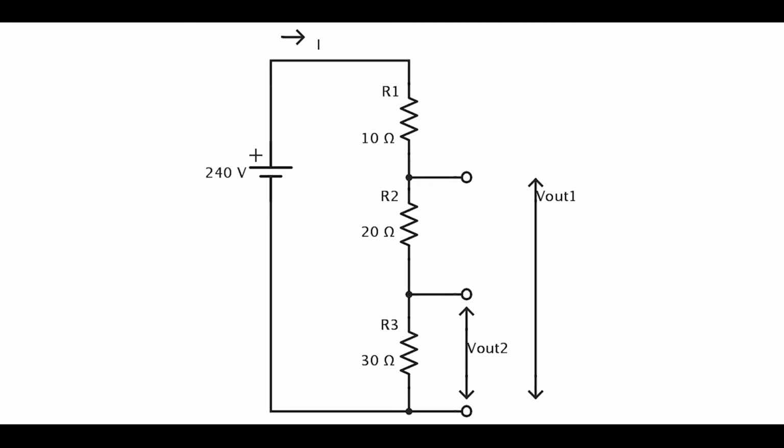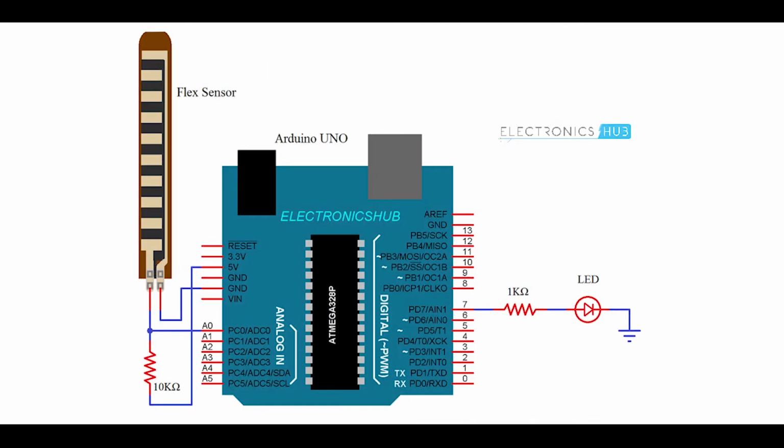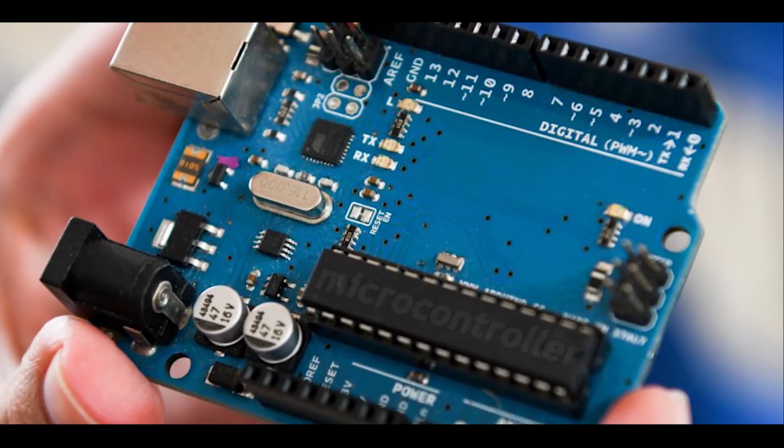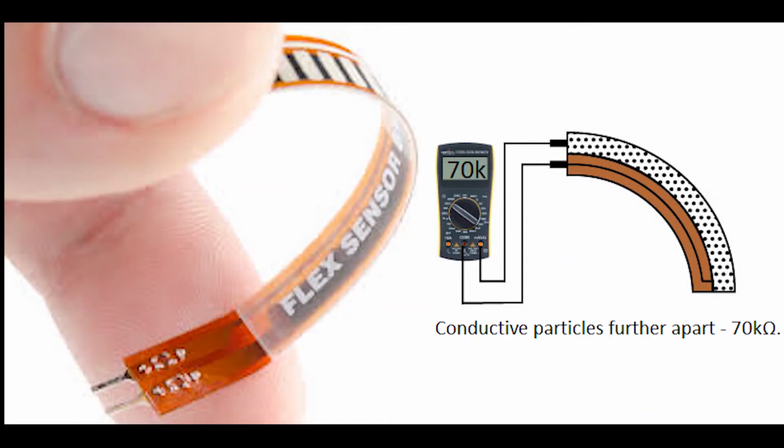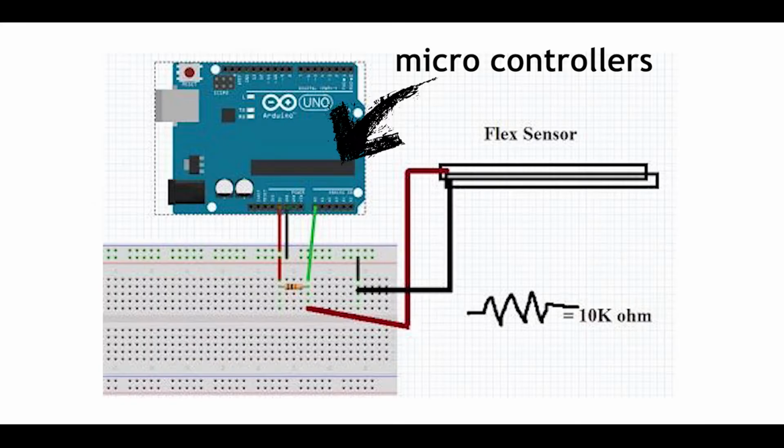A voltage divider is necessary because the change in resistance in a circuit can be easily converted to a change in voltage. This is essential because microcontrollers can detect a change in voltage more easily than a change in resistance. So flex sensors are connected to microcontrollers through a voltage divider.